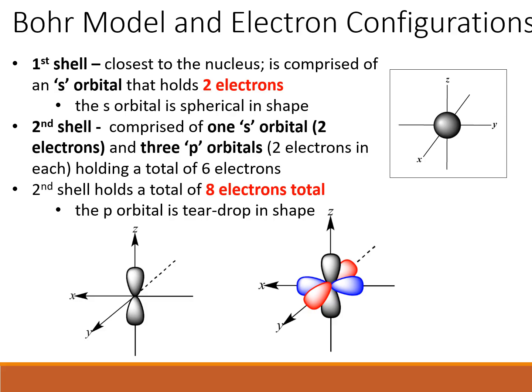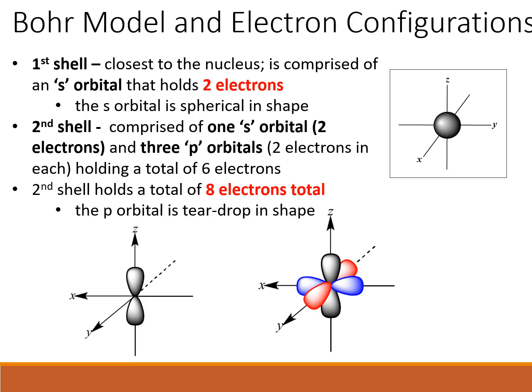The first electron shell is the shell closest to the nucleus. It has the lowest amount of potential energy, so it doesn't take a lot of energy for the electrons to zip around the atomic nucleus. There is only one orbital in the first shell. It is called the s orbital, and it holds 2 electrons.